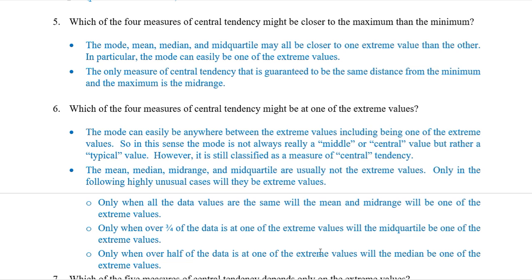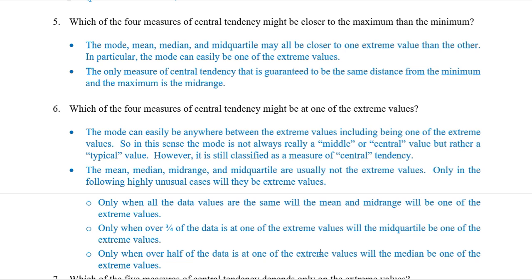And for the mid-quartile, the only way you could get it to be one of the extreme values is when over 3/4 of the data is at one of the extreme values. Again, that would be high. Both of those cases are kind of highly unusual. And a little less unusual, but still pretty unusual, only when over half of the data is one of the extreme values will the median be one of the extreme values.